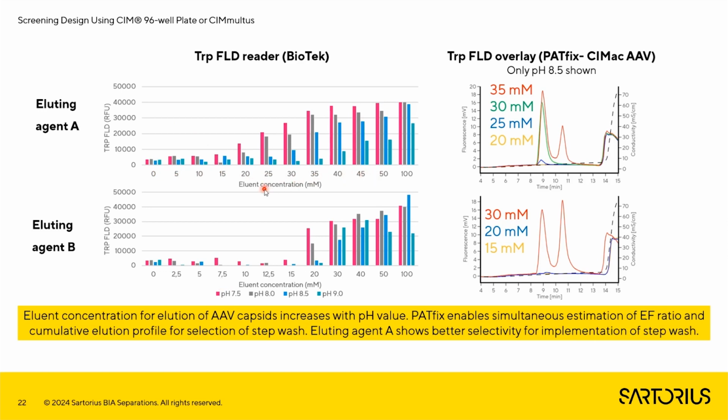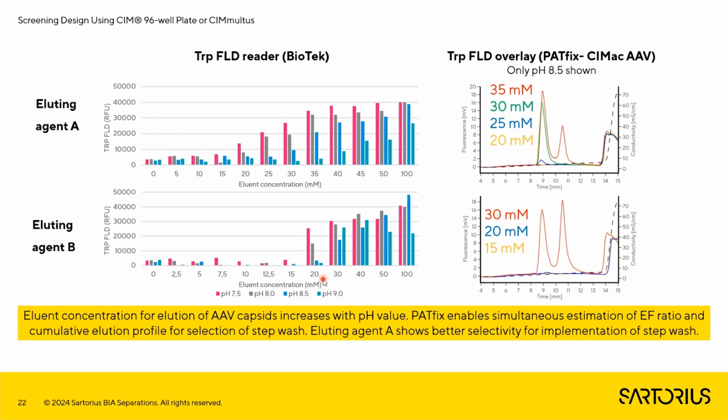What we can conclude is that for eluting agent A, at roughly 15 millimolar concentration we start to see some elution of AAVs, but we don't really know if those are empty eluting first, or full, or both together. We just see a cumulative elution profile. We also see that for pH 7.5, at roughly 40 millimolar, the majority of vector elutes, so further increasing the salt would not change much.